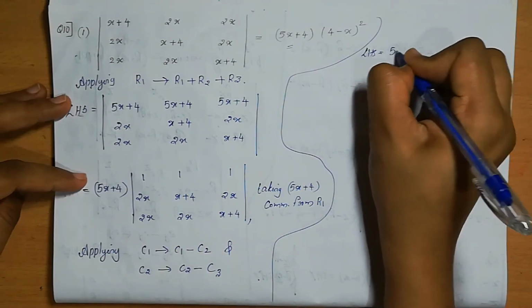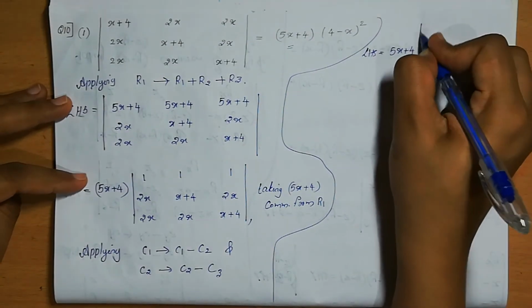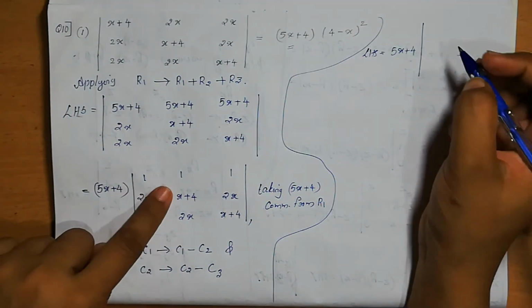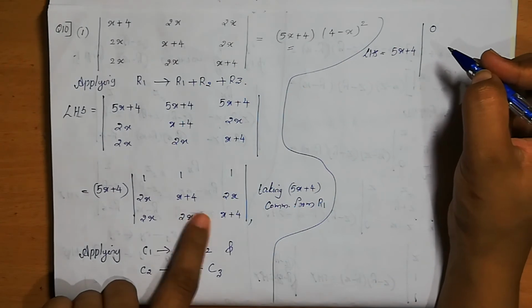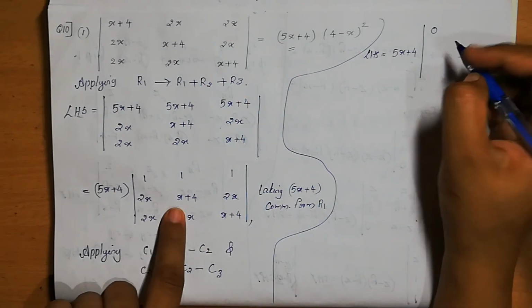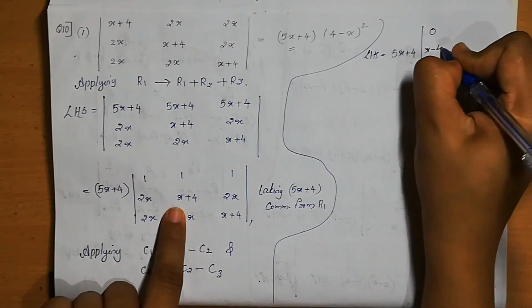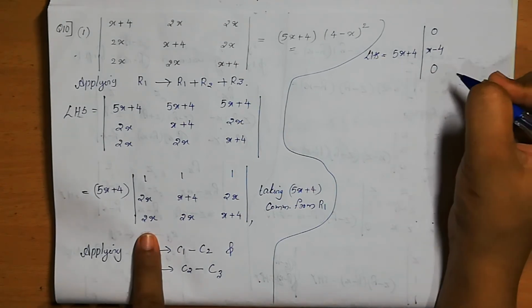LHS equal to 5x plus 4. C1 minus C2: 1 minus 1 is 0, 2x minus x minus 4, that means 2x minus x is x minus 4, 2x minus 2x is 0.